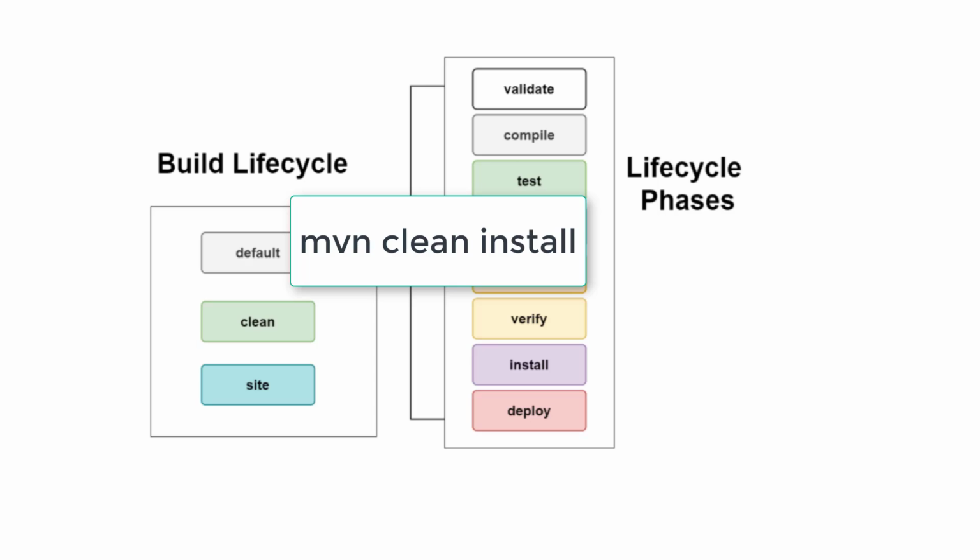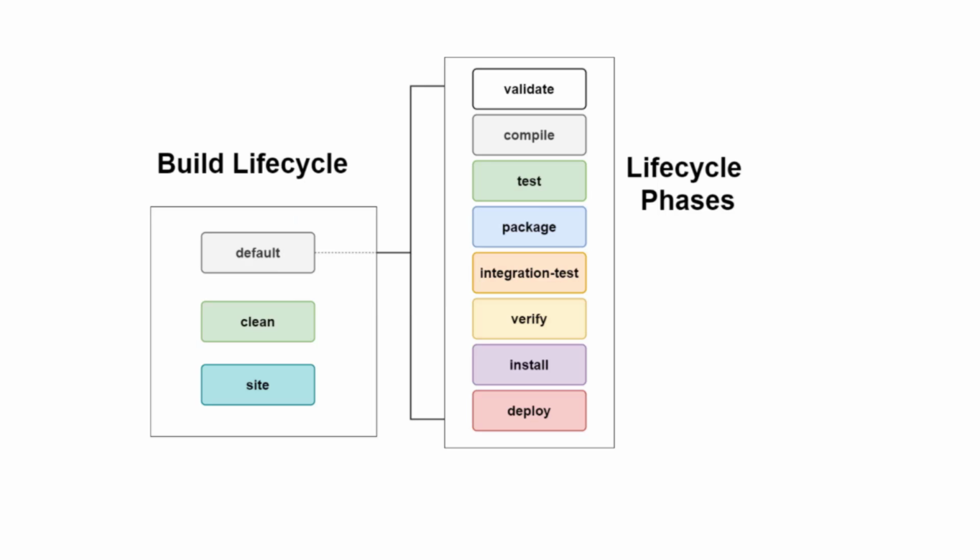What this command does is, as part of the install phase, as I told before, it compiles the source code, runs the unit tests, creates the jar file, and then installs this jar file into the local repository. And before doing all that, it will make sure that we are starting in a clean way, so it will clean all the previously generated class files and metadata from our project.